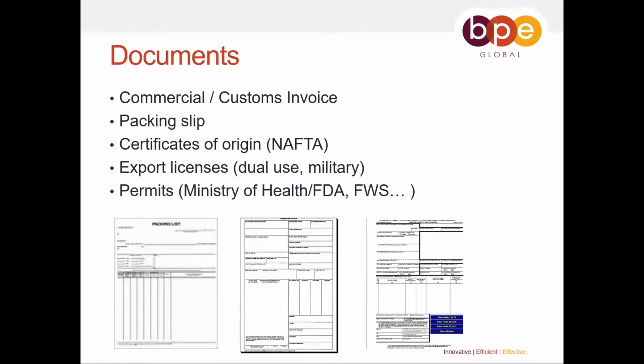But let's say we make an entire airplane. An airplane is going to consist of parts from multiple countries. The wings may come from one country, the cables and the tubes may come from another country, the altimeter may come from an entirely different country.